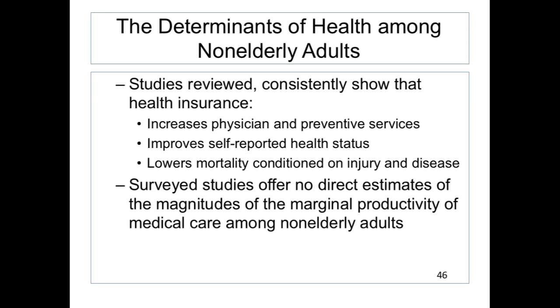Then looking at the non-elderly adult and health insurance, we see that health insurance increases physician visits and preventive services, improves self-reported health status, and lowers mortality conditional on injury and diseases.